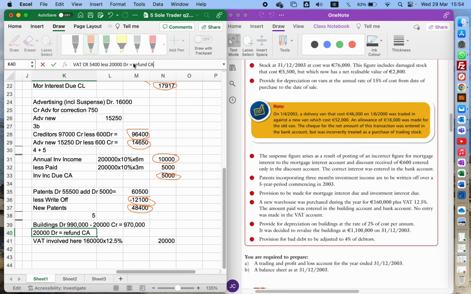So I'm just going to call it CA, a current asset, of the difference in the two of them, which is 15,600. We'll check. So 20 grand, take away 5.4, 15,600. So that's correct.